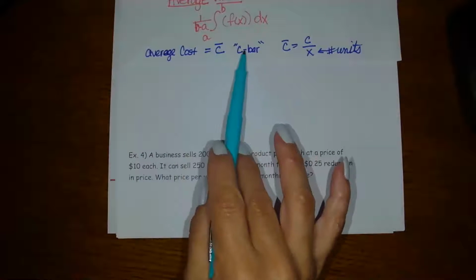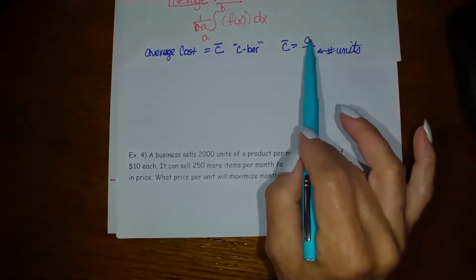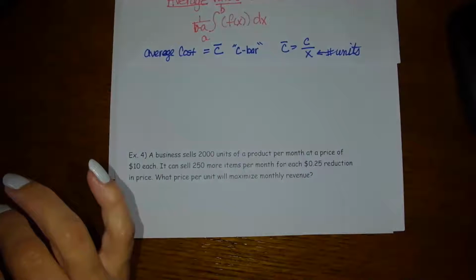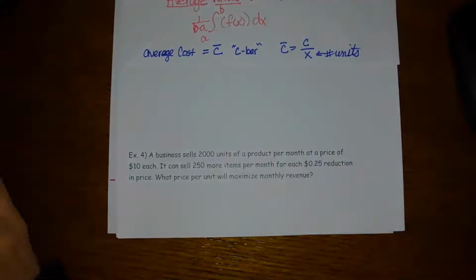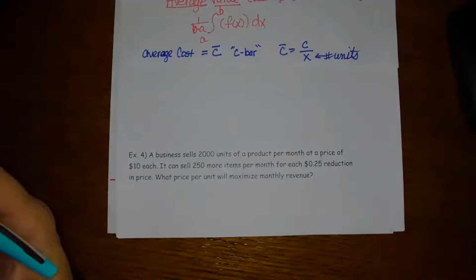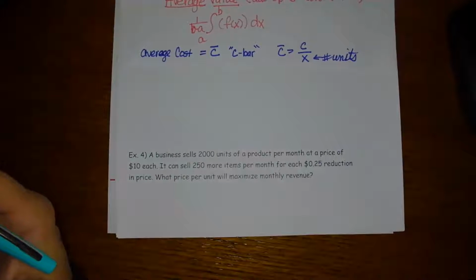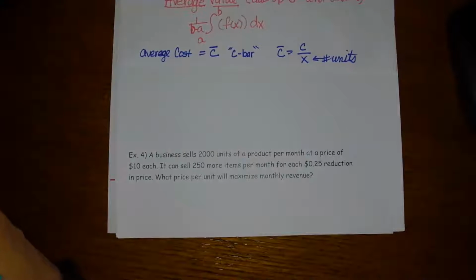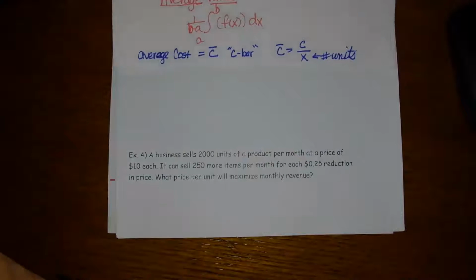Average cost is C bar, and C bar is cost divided by X. So you want average, and you know to find average, you have to divide by however many there are, right? And X tells us how many there are. It's really important that you make that connection. Every time you find an X on these problems, you're finding out how many units is that?